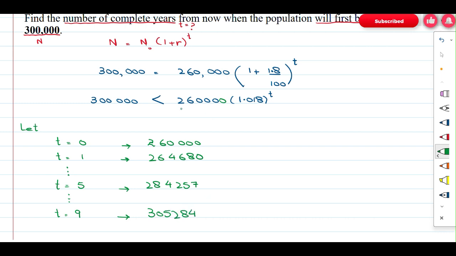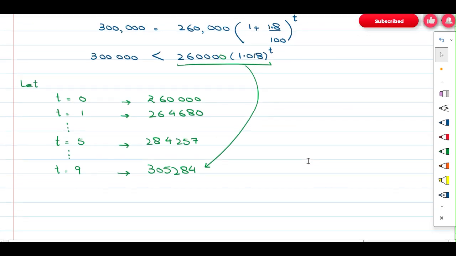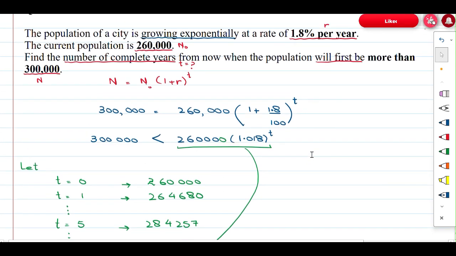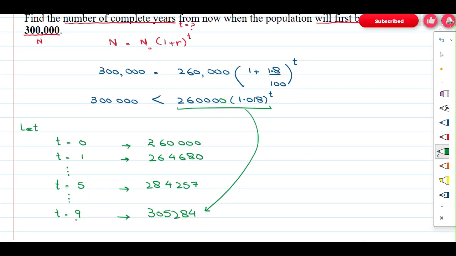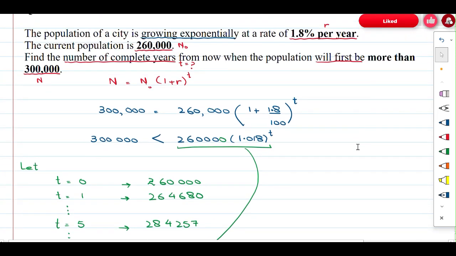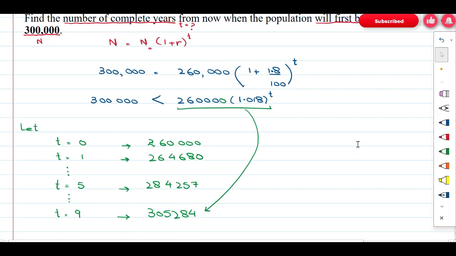So this should be more than 300,000, right? Here we can ask, what is the number of complete years? The number of complete years is 9. So in 9 complete years, the population will first be more than 300,000.